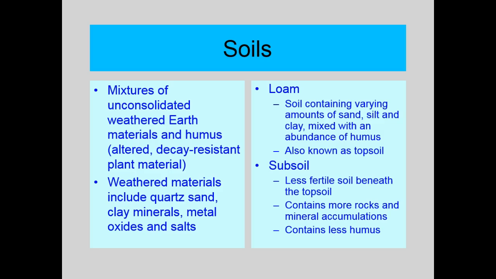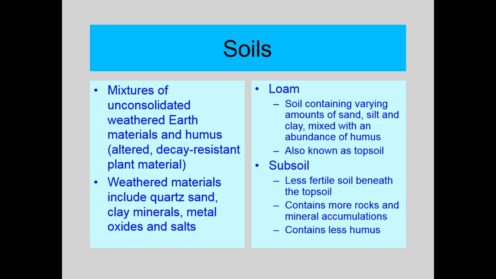Part of that broken down rock material forms what we call soils. If we didn't have that, we don't live, okay? Because soils are where we grow our plants and raise our herds or whatever. We've got to have them to live. So what are soils? This is a reasonably good definition.